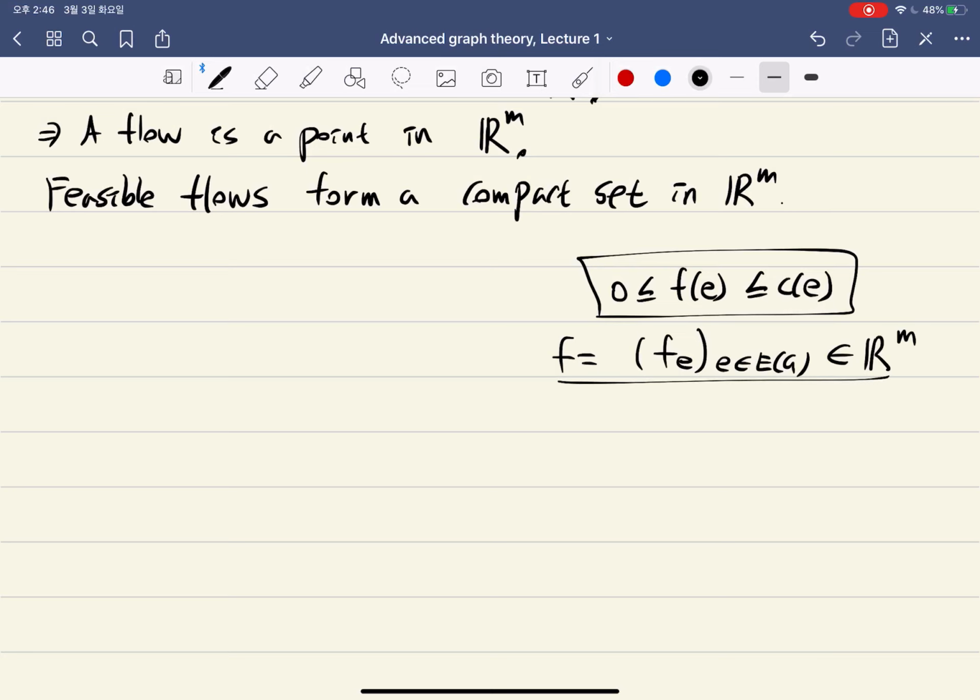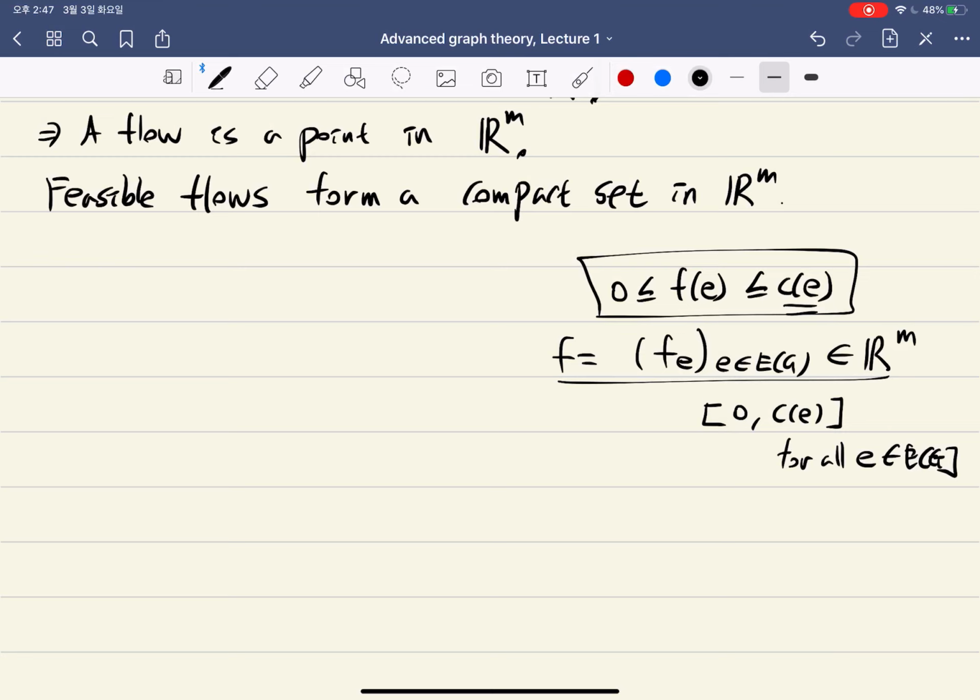And here you take one coordinate and you restrict the coordinate between 0 and some number. This is a closed set. So once you take a closed set in this R^m, and this is for all e, you get a bounded closed set which is compact.